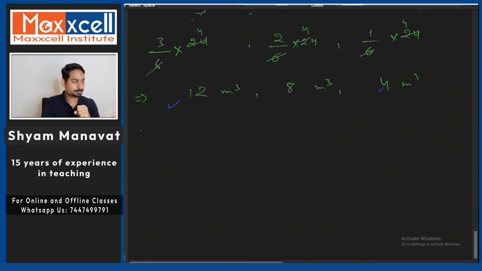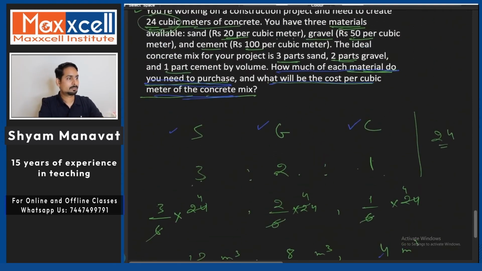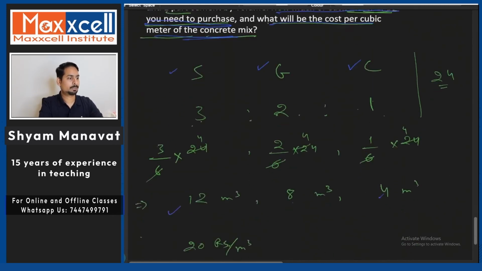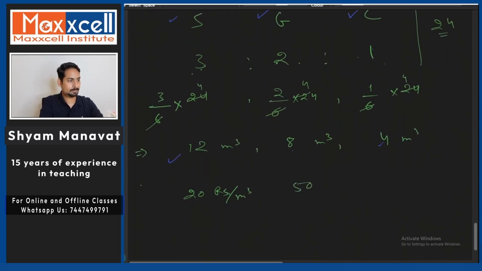Basically it's volume. Now gravel, that is 50 rupees per cubic meter, and the last one is 100 rupees per cubic meter.